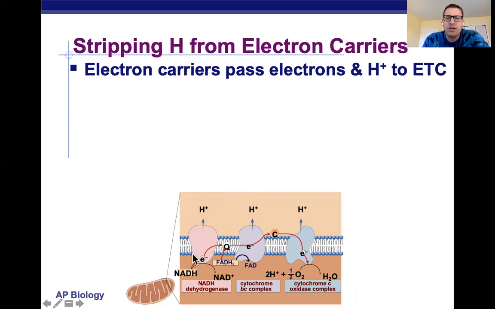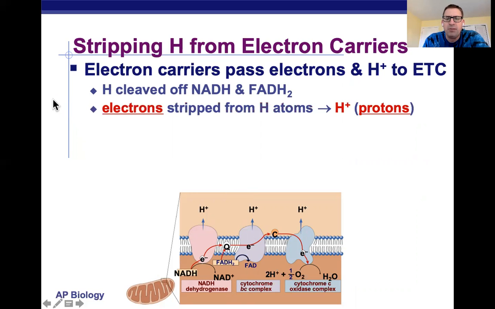So we have these electron carriers that are going to pass electrons and protons to the electron transport chain. We have our NADH and FADH2 that have their hydrogen that they're transporting removed from them. Each hydrogen atom is made of one electron and one proton, and the electrons are stripped from those atoms, so what you're left with is a proton that's left behind.